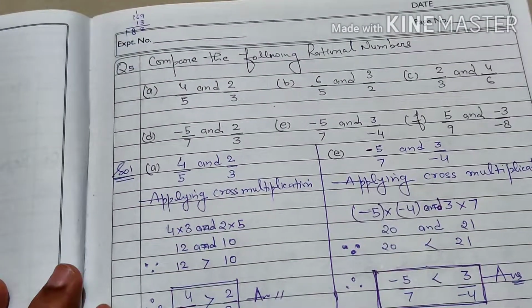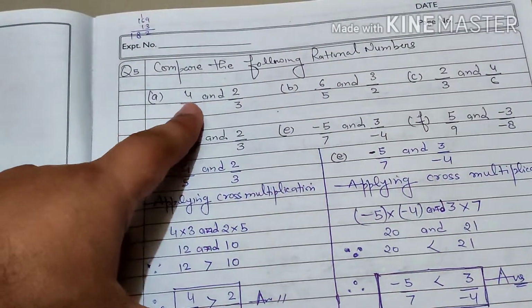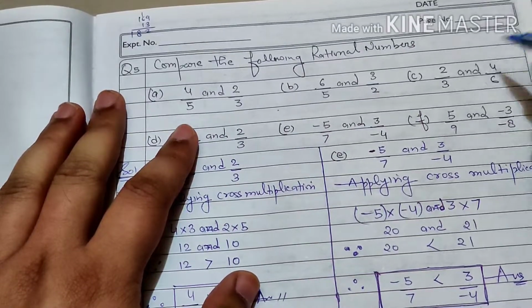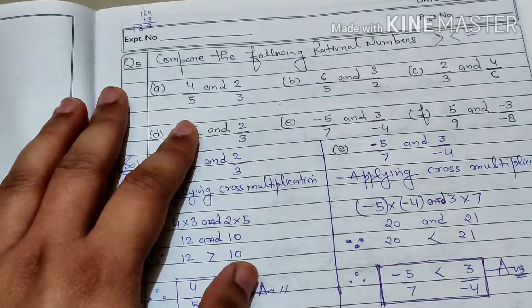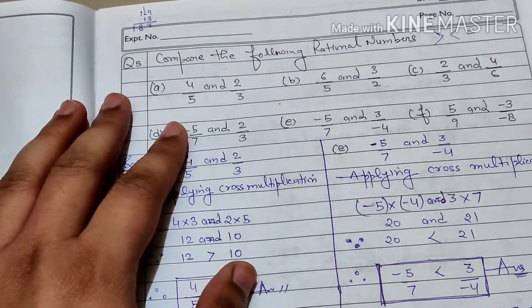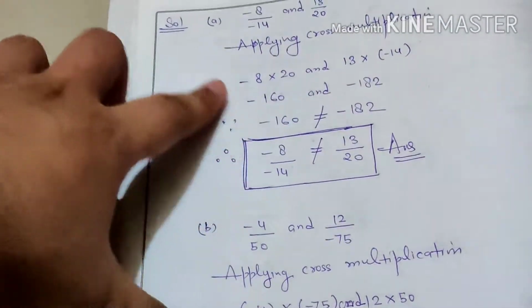Next, compare the following rational numbers. We have to compare whether these rational numbers are greater than, less than, or equal. So this is what we have to analyze in comparison.